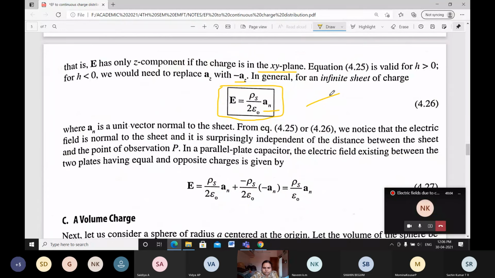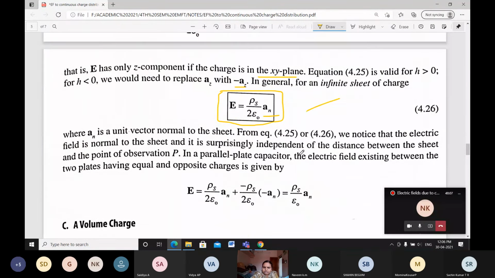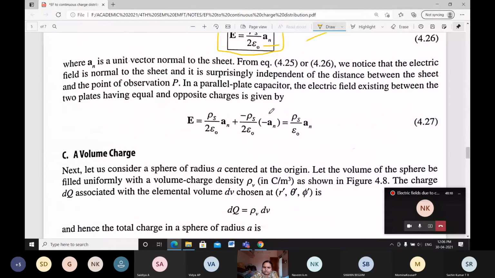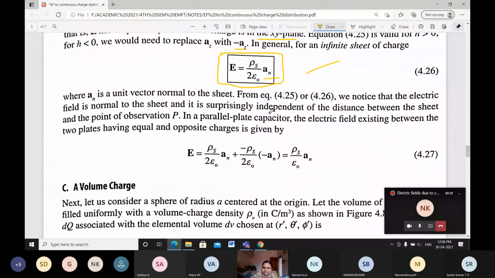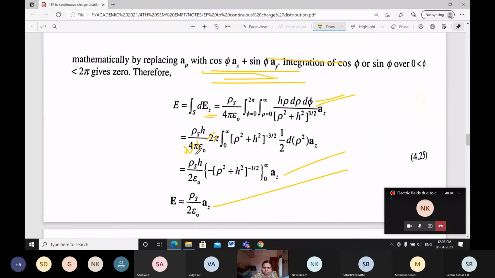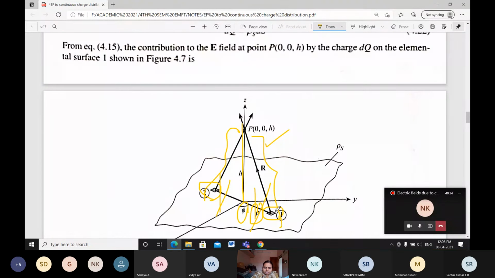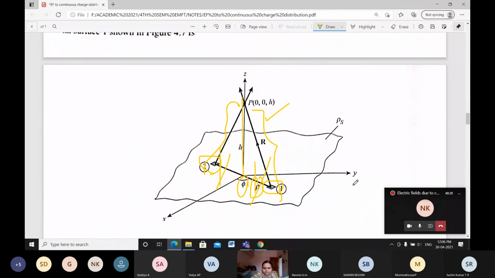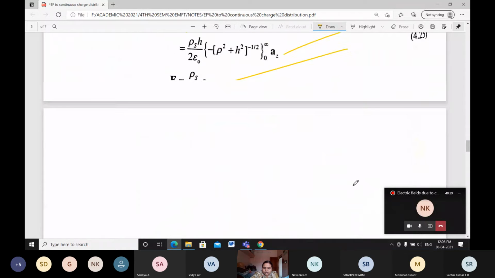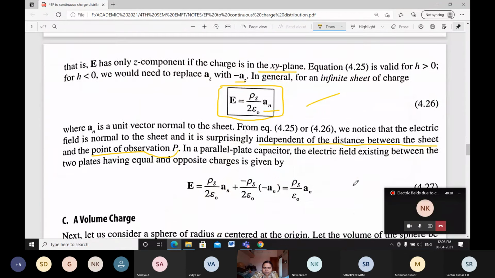Based on equations 2.4 and 2.5, what are they telling? The field is independent of the distance between the sheet and the point of observation P. It does not depend on where the element is located on the surface area, but it depends on rho s and epsilon naught and the direction.